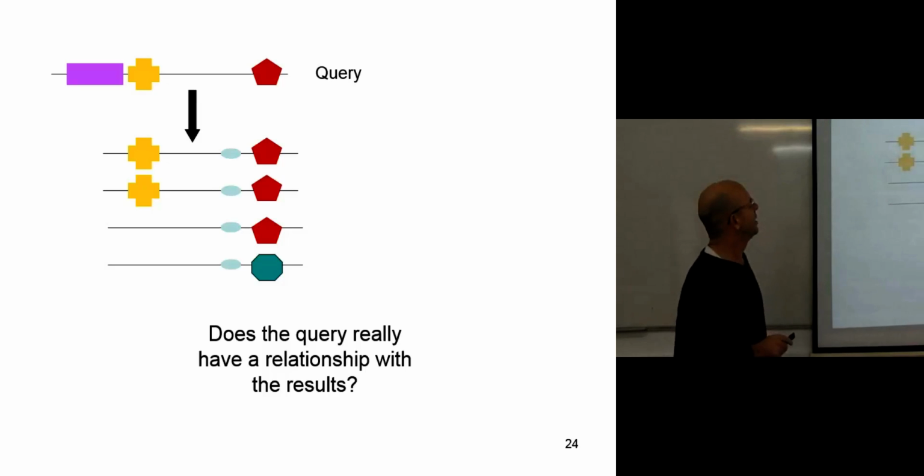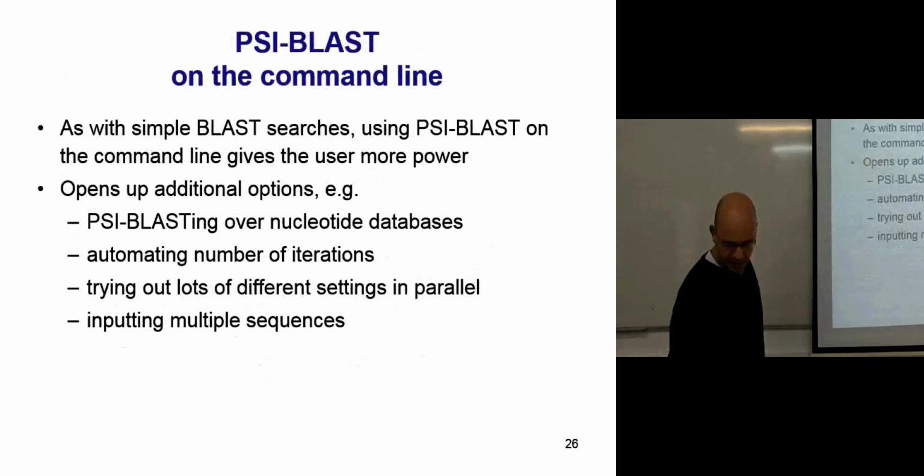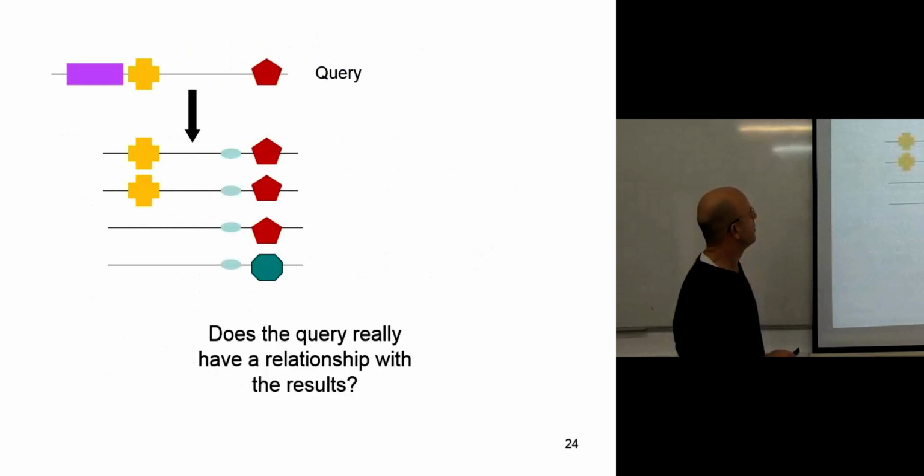And it could even be a scenario that the final hits after several rounds are not going to have any shared domain with this query sequence. It's not actually a good example, but it could well be, for example, that here we have an additional new domain, and these guys here are only similar to this new domain, so we are not going to find any. It's actually this example exactly.